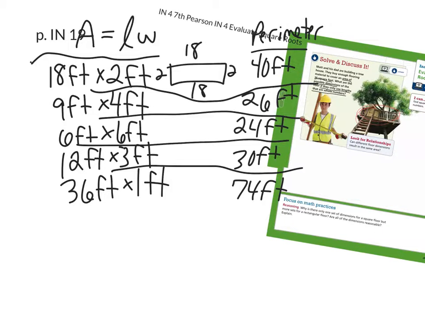So we have all the way from 24 feet up to 74 feet for possible perimeters.